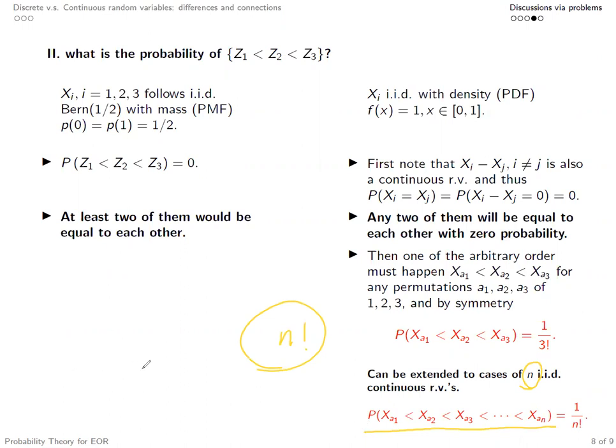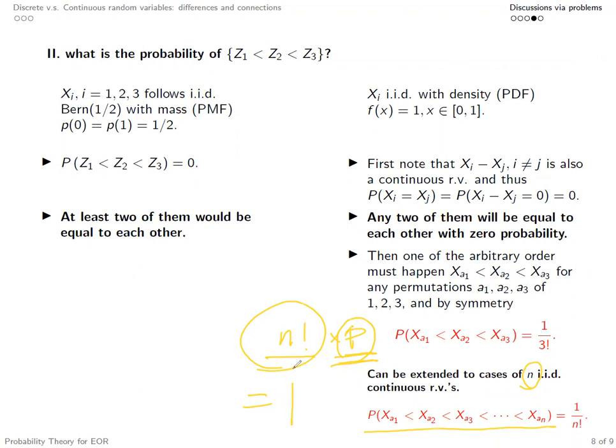They have identical probability and they are mutually exclusive events, so they sum up together to be equal to 1. So there's n factorial times the value they have for each specific order. The probability value of each specific order is an identical constant, let's name it small p.